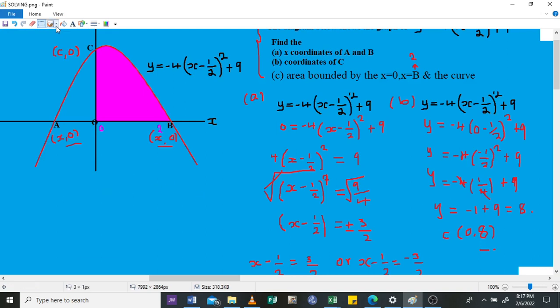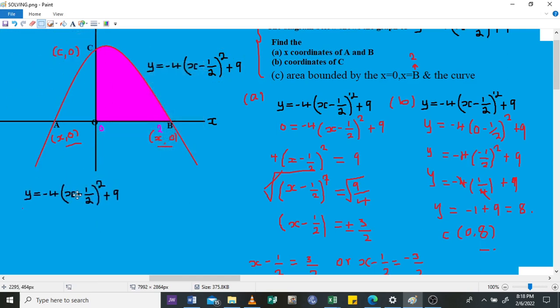I'm sure you know what I mean by that. Okay, so just a moment. Now if we integrate, let's see what we are going to get. We need to get our formula first and apply it.